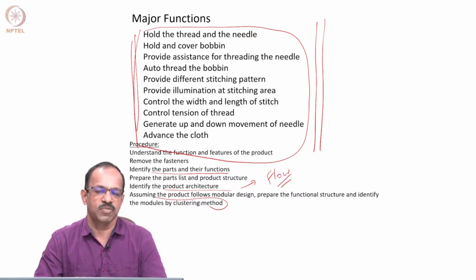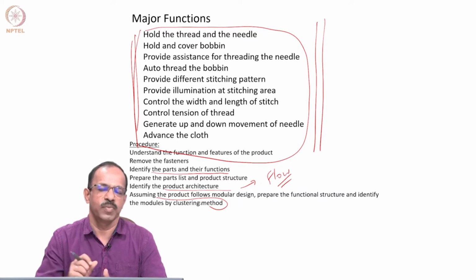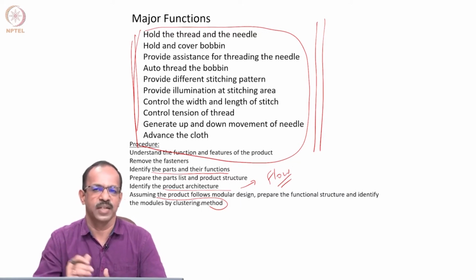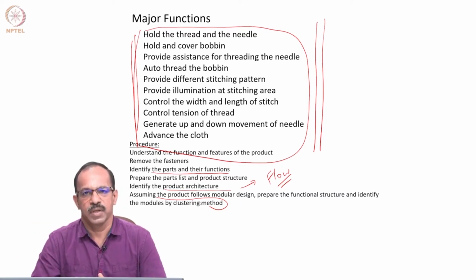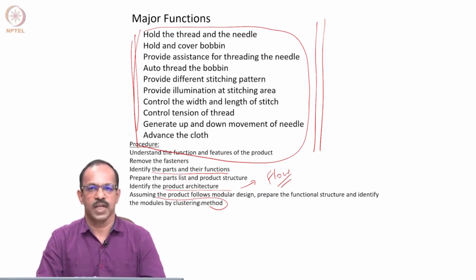So the purpose here is to go through the different functions, combine them into groups, and put each group as a module, so that the functions of that module will be clearly understood. And then you can come up with a different concept for achieving that particular function in the module.